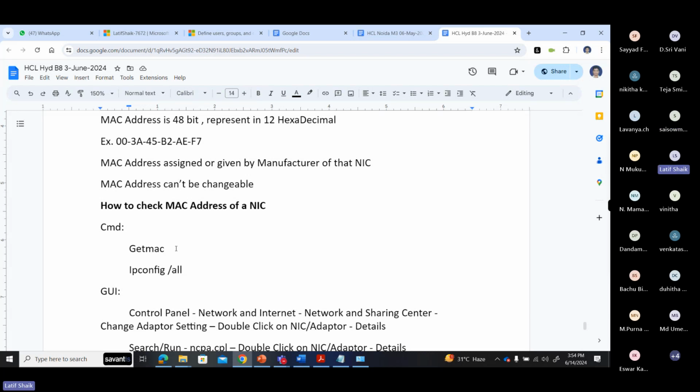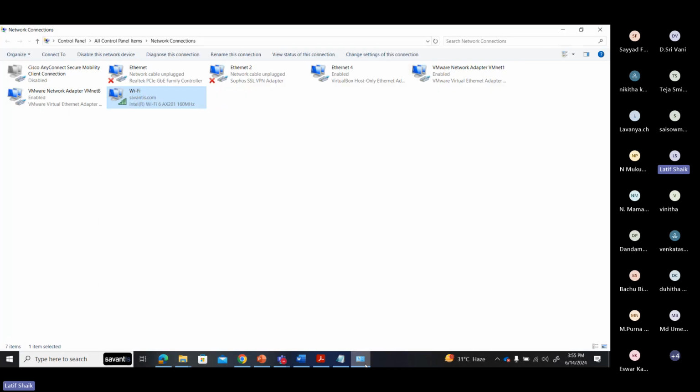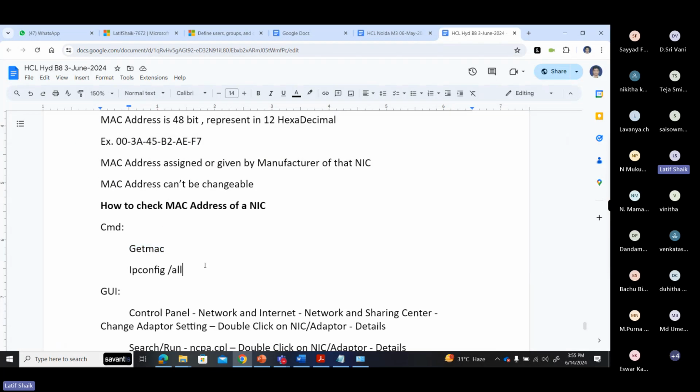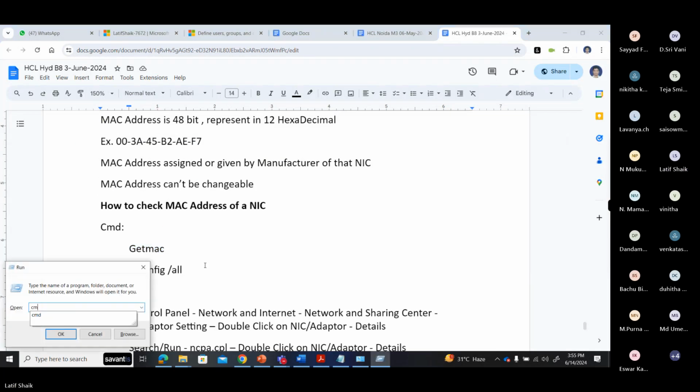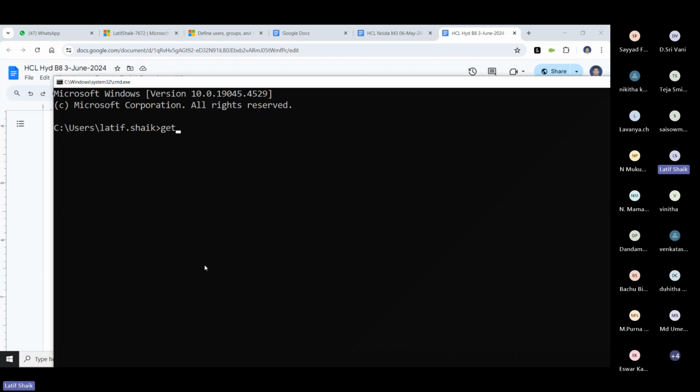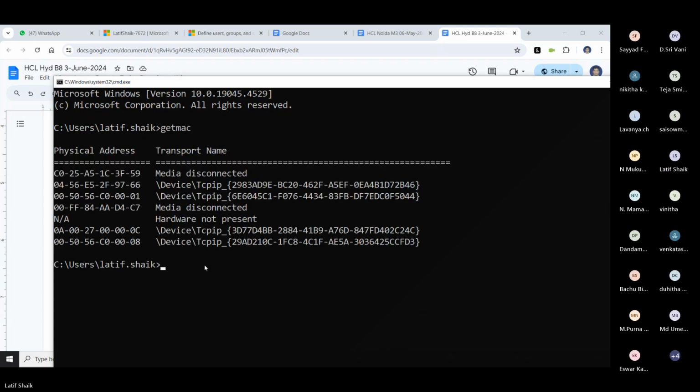Yes, sir. Very good. The MAC address can be checked using commands like getmac, or you can use ipconfig/all.